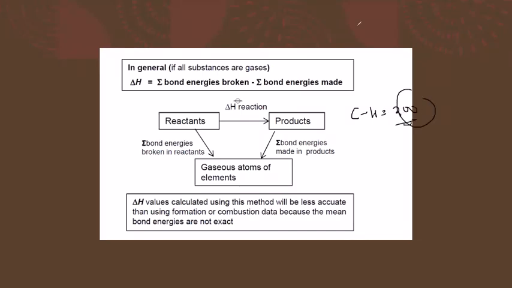But in practice it will not be exactly 200, because that is the mean or average bond energy, and it depends on the neighboring atoms which are attached to carbon. So the mean bond energy may vary.